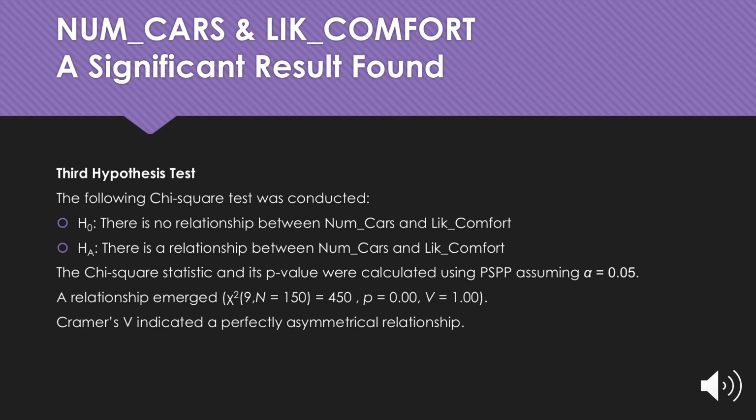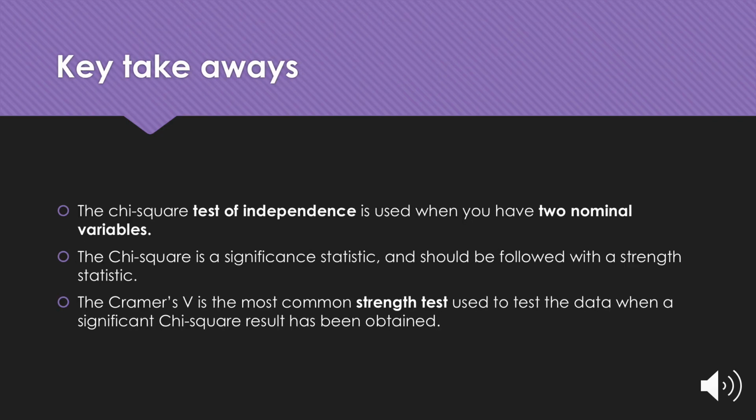The relationship emerged with a degree of freedom of 9 and a sample size of 150, with a p-value of 0.00 and a Cramer's V of 1. Cramer's V indicated a perfectly asymmetrical relationship.